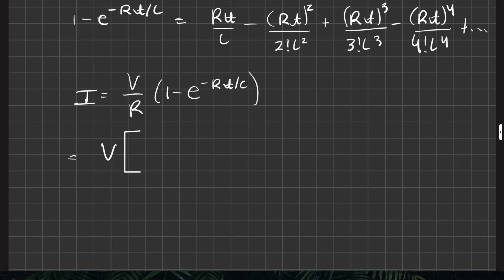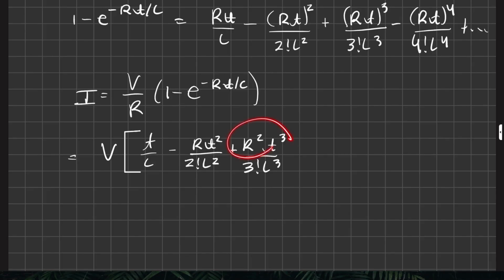We'll have t over L minus R t squared over 2 factorial L squared plus R squared t cubed over 3 factorial L cubed. I'm just opening up these parentheses.